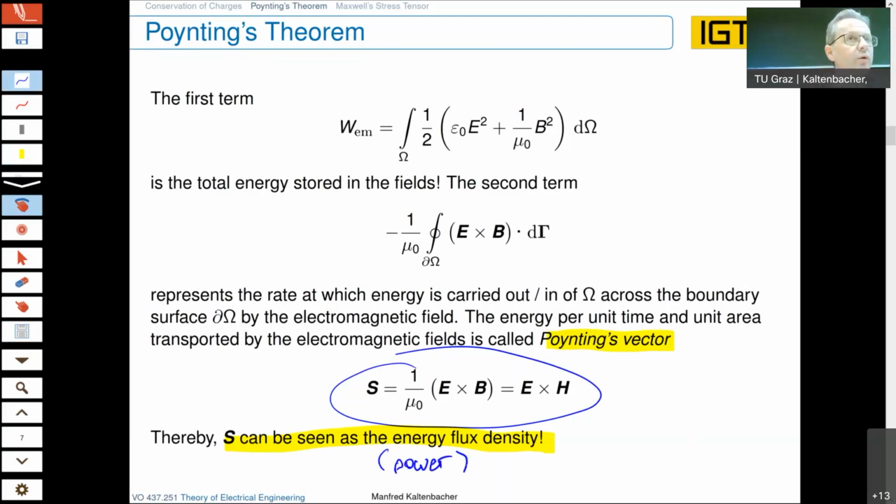S is the intensity, so we have power per square meter. And perhaps I should also write here that this is the intensity.